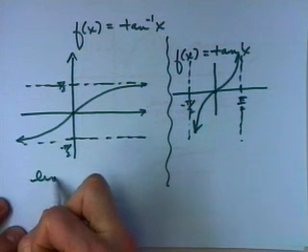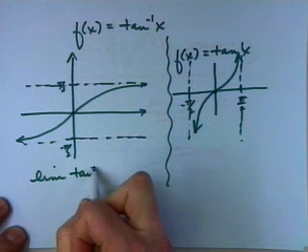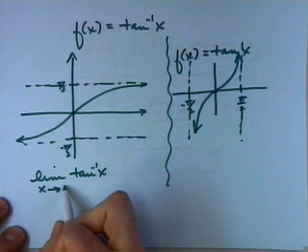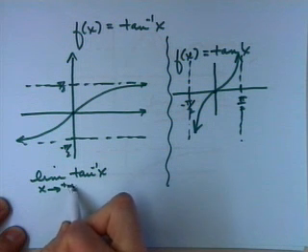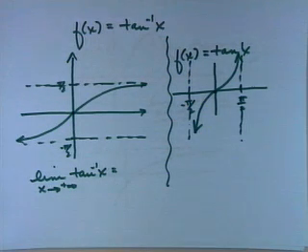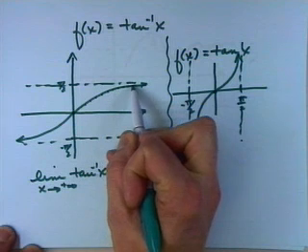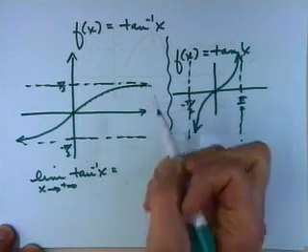So let's see what happens on the inverse tangent. I'm going to go ahead and say positive infinity here since I want to go the other way. What happens to these y values as we allow x to get infinitely large? What are we approaching? Pi over 2.